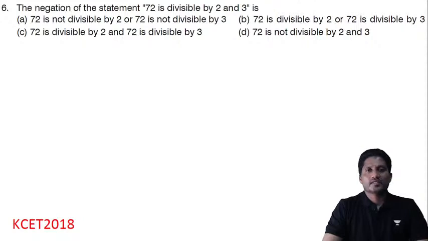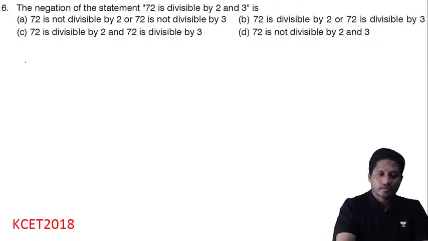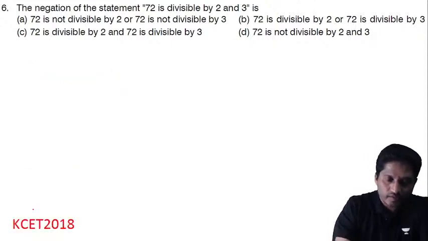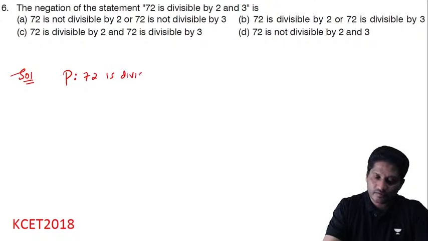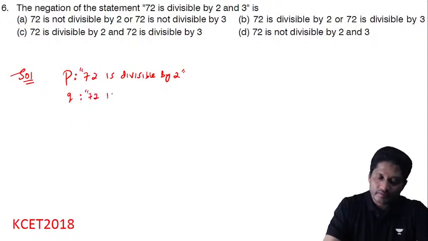The negation of the statement: 72 is divisible by 2 and 3. So I'm going to write this as: let p be 72 is divisible by 2, and q be 72 is divisible by 3.